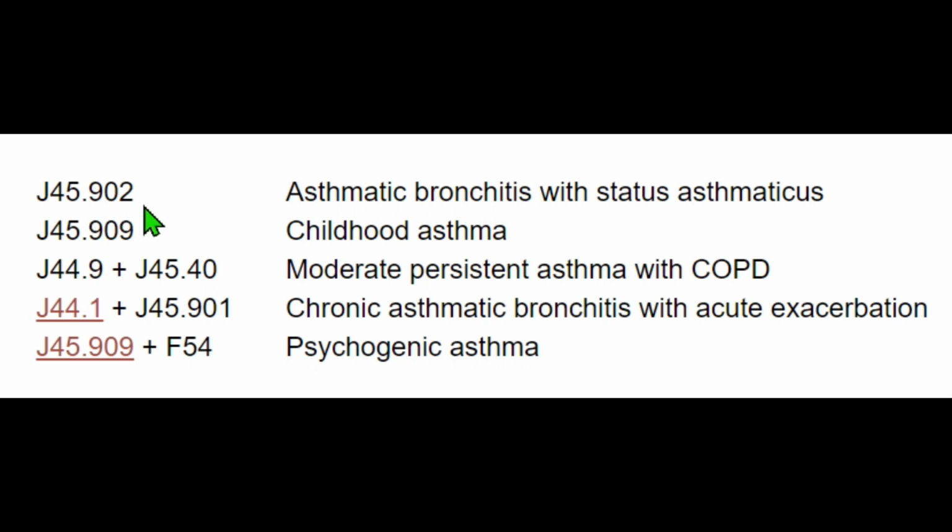The final character indicates either an uncomplicated condition or an acute exacerbation or status asthmaticus. If both acute exacerbation and status asthmaticus are documented, only the code with the final character 2 should be assigned.